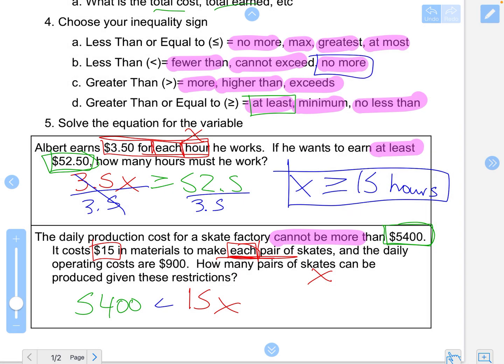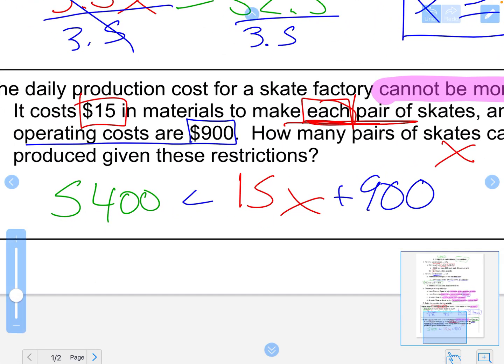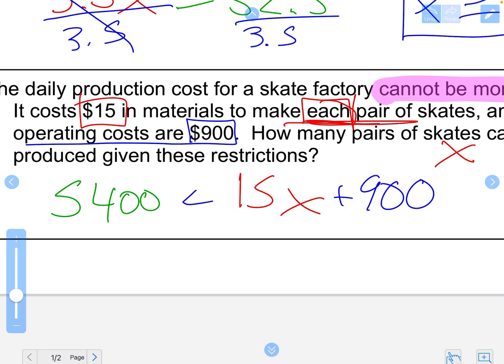And the daily operating costs are $900. So plus 900. How many pairs of skates can be produced given these restrictions? All right, so now we need to follow our equation steps. I need to find my constant, which is 900. Flip the sign.